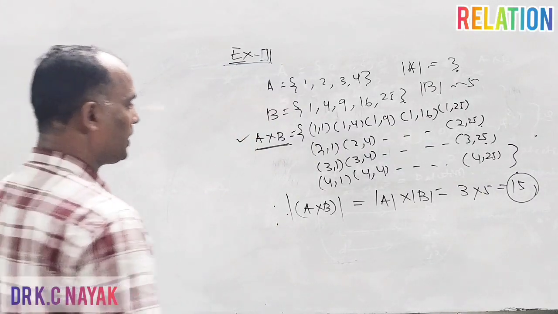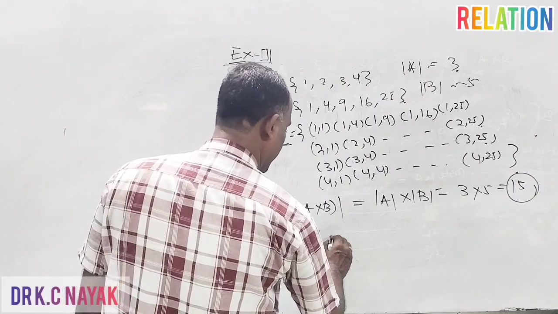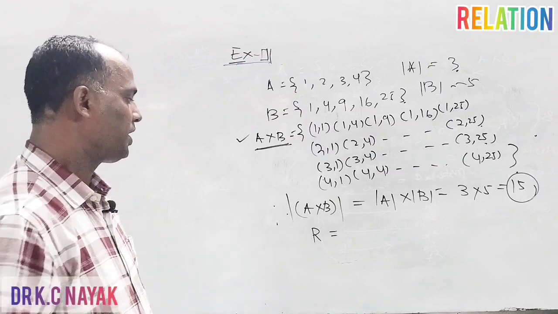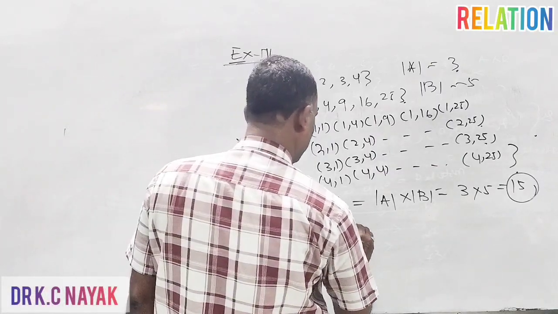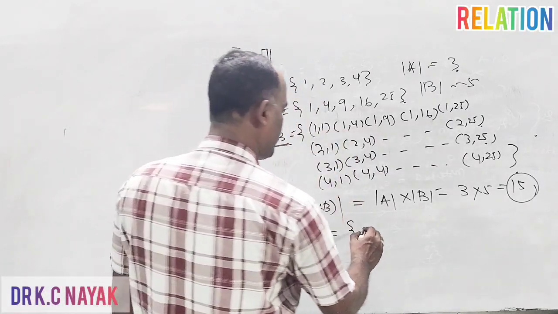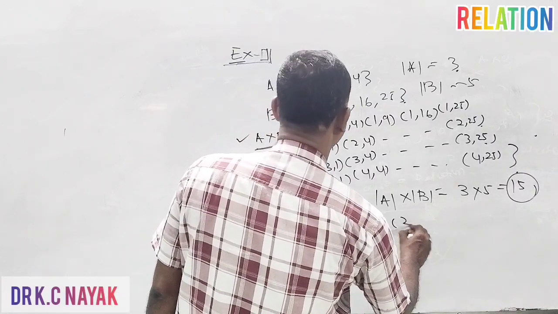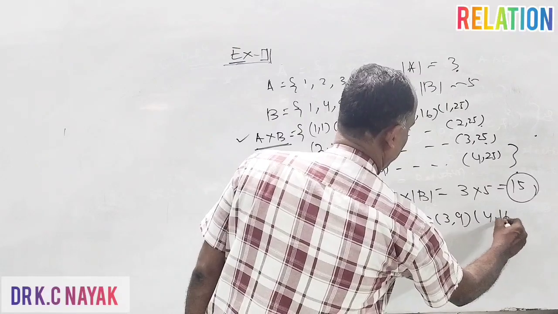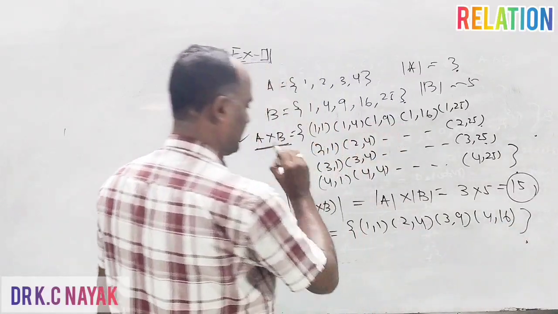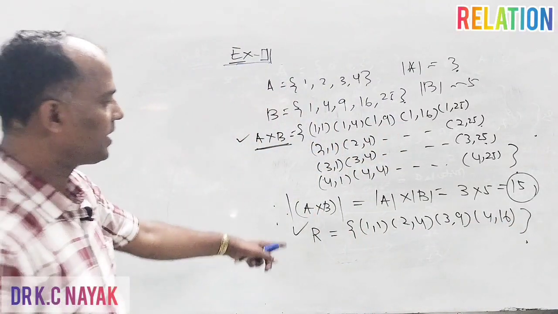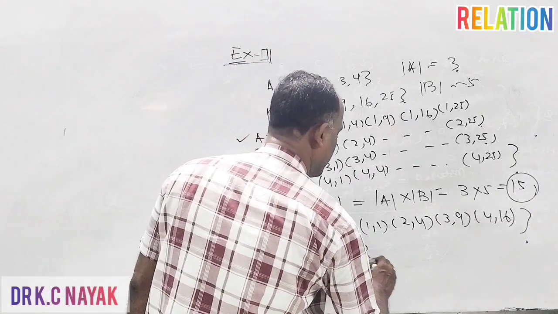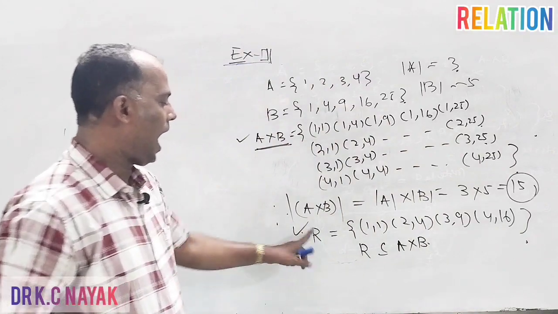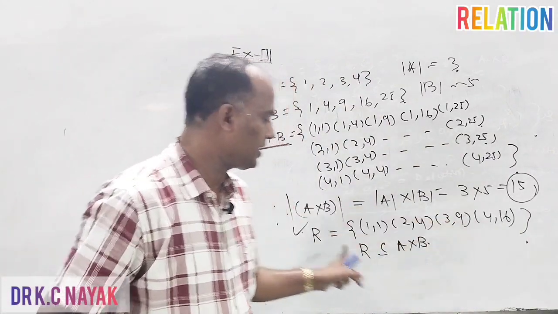Now we check. We already defined R as a subset of A cross B. If we choose R as a relation from A to B, that is (1, 1), (2, 4), (3, 9), and (4, 16), I am choosing R. Here R is a relation because R is a subset equal to A cross B. According to our definition, R contains ordered pairs. Yes, it is okay.